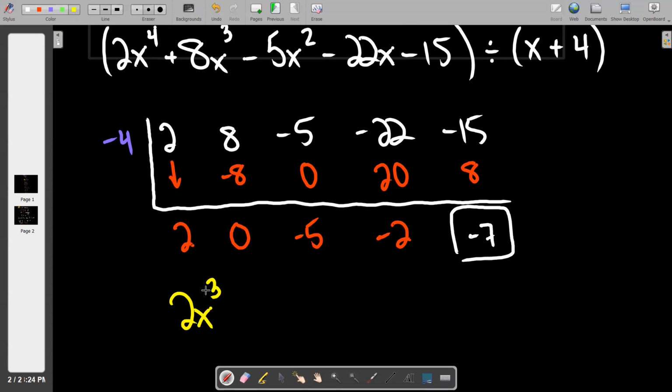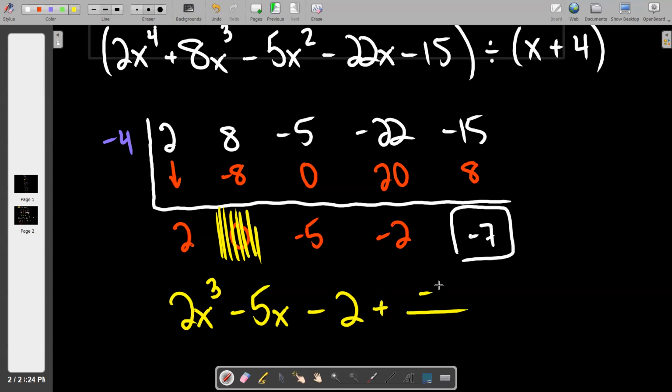It started as a 4, I drop it to 3. This term that I'm vandalizing right here tried to be my x squared. We don't put anything. We jump right past him and go to -5x minus 2. And it's plus -7 over x plus 4.